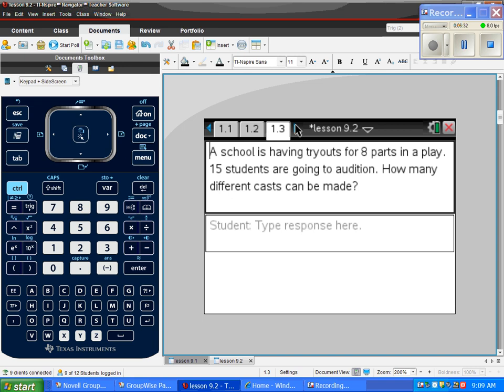All right. What are we going to use for this one? Yep, permutation. 15P8. Now, here's a question. Why does order matter here? Because this is something you're going to have to identify in a second. Why does order matter? From the question.